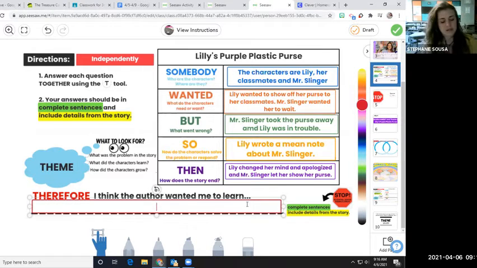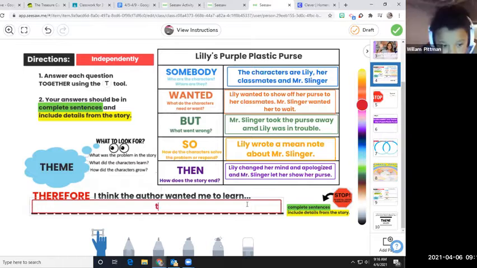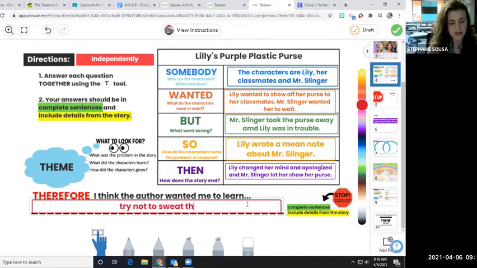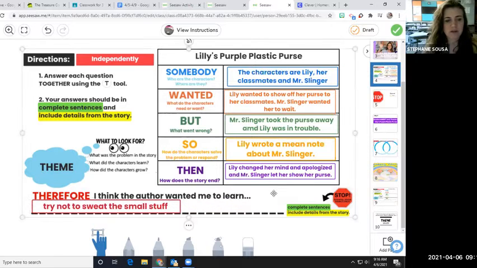So maybe we could say, try not to sweat the small stuff. So don't get too mad over little things. Don't get too stressed out over something pretty small, okay? That's a great theme. Lily got really mad over something that really wasn't a big deal. So try to make your reactions match your problems.